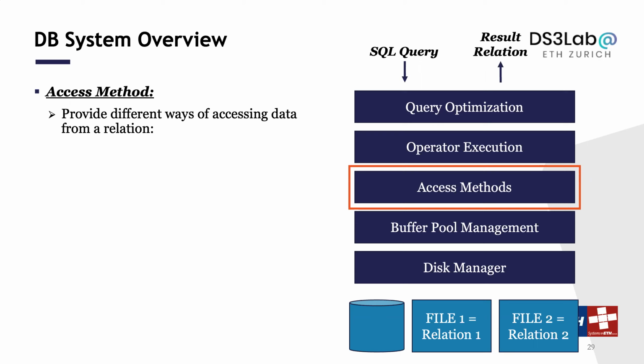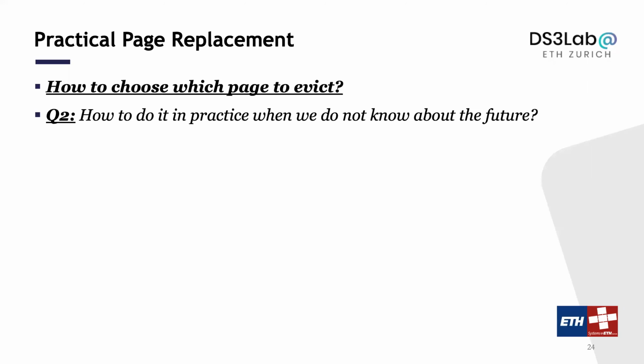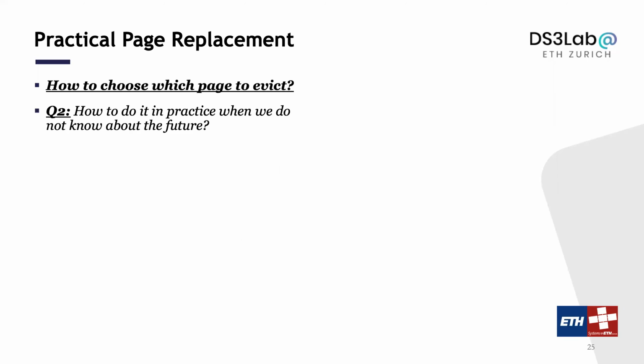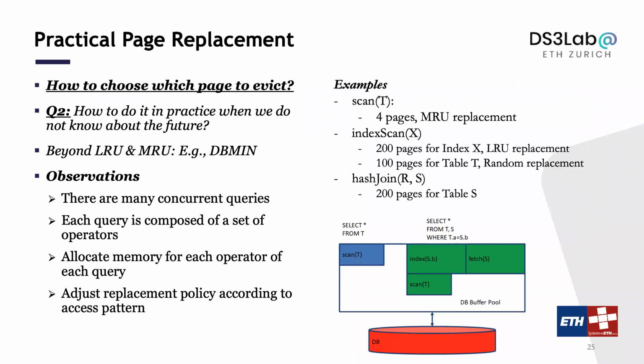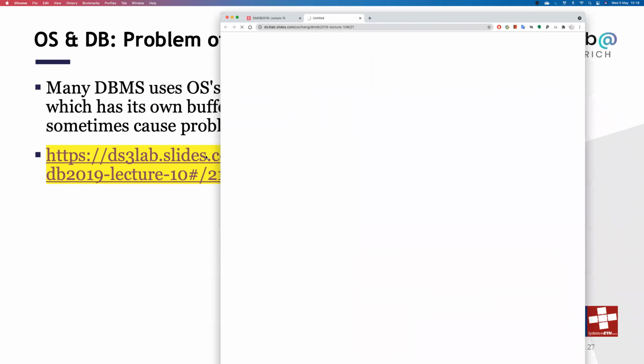Sorry, just before you go to access methods, I just had a quick question regarding the operating system interaction. You said when the buffer management system writes something back, then the operating system might need to bring in the page into the buffer.